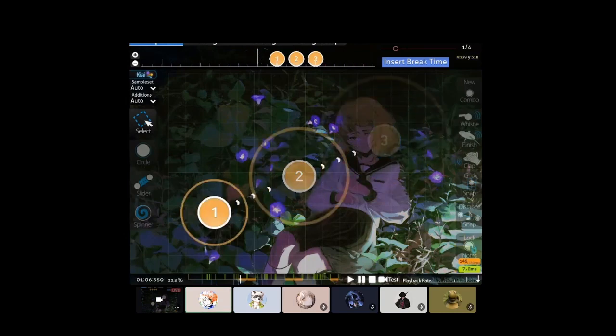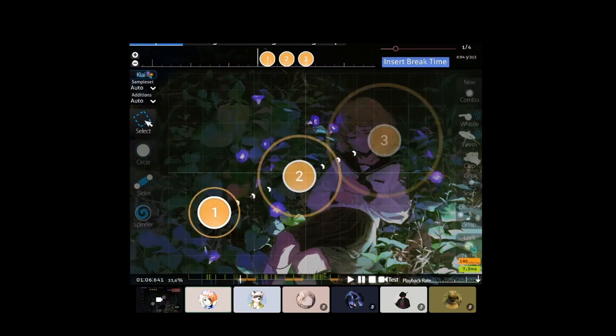The way I would explain that is that if you're flow aiming through this one, assuming you do, then you're just going one big motion from 1 to 3, and 2 just happens to be in the middle of that. And while you move through, you just click on your keyboard.